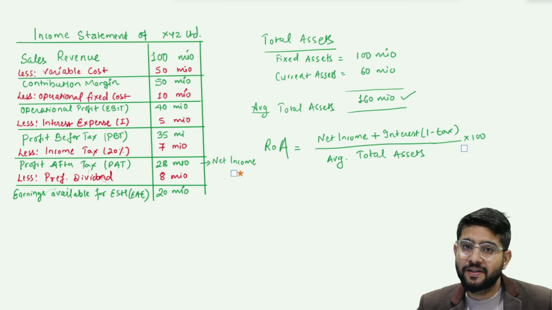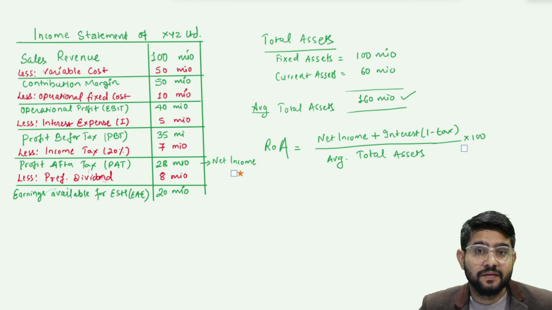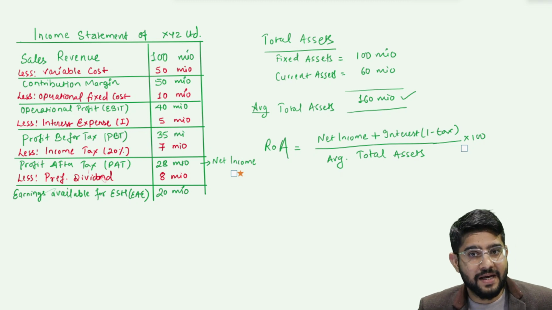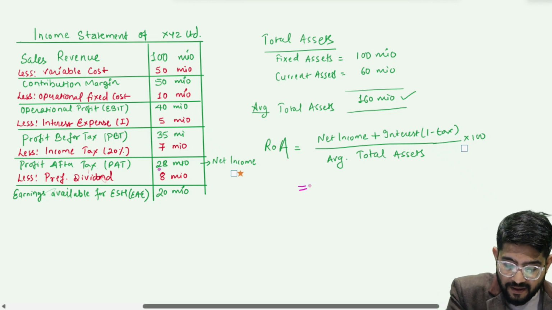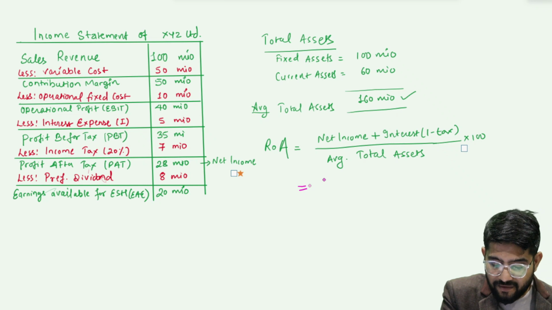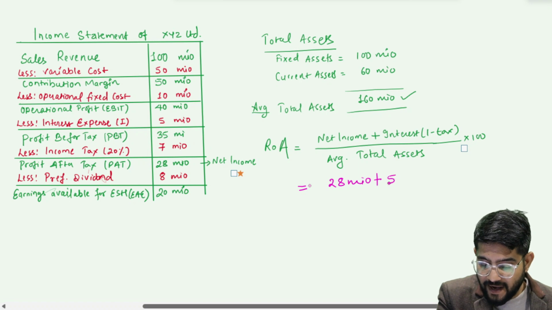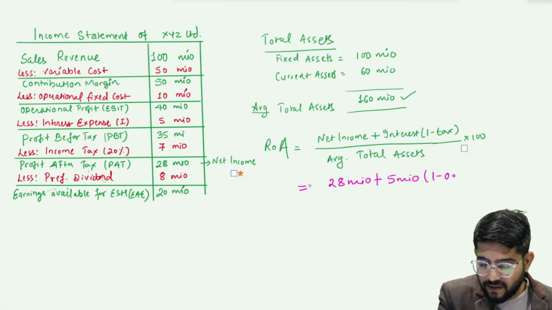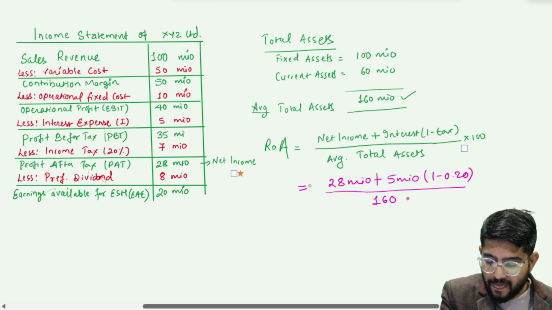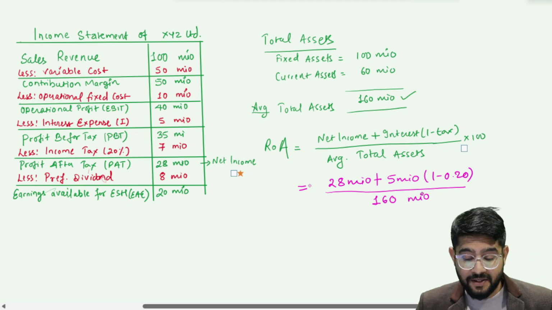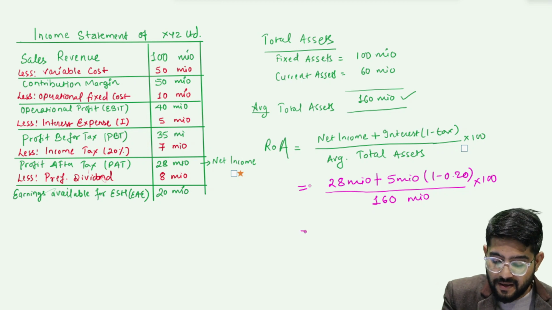In order to calculate the return on assets we use this formula: net income plus interest net of tax, divided by the average total assets of the company, into 100. Now let's do this. What is the net income? This part is called net income, and net income of the company is 28 million, and interest is 5 million, and we have to deduct 20% out of it, and divide it by the total assets, 160 million, and to express it in percentage we multiply it by 100.